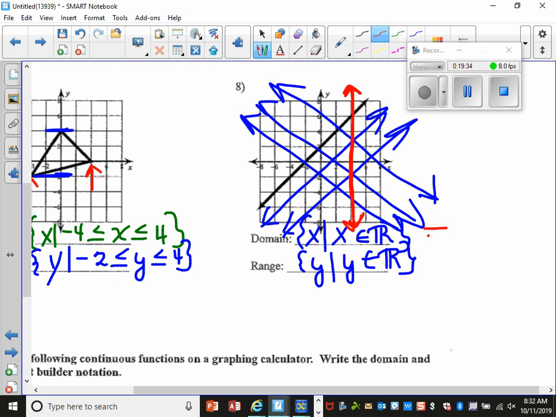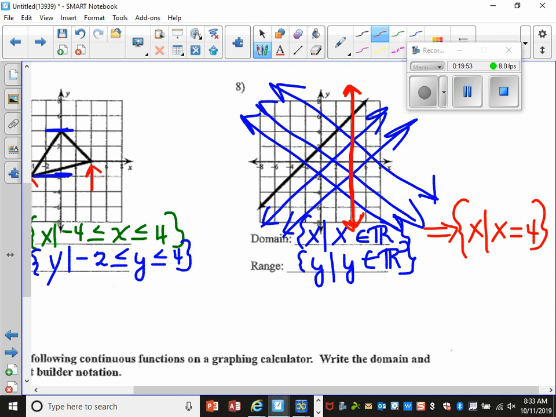So my domain will be what? Just x equals 4. It doesn't change, right? Because when there's a vertical line, that is the equation, and the x's are the same every single time.